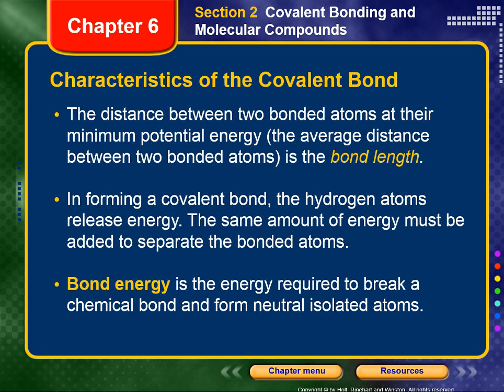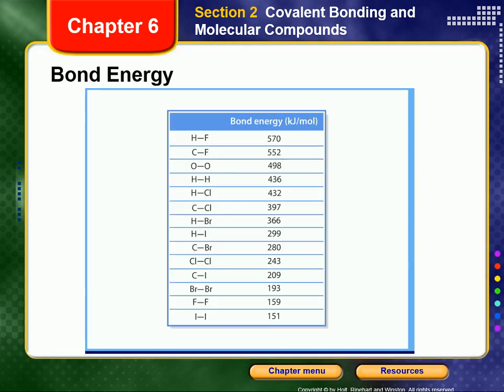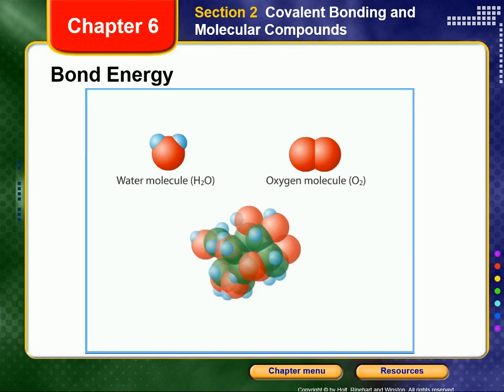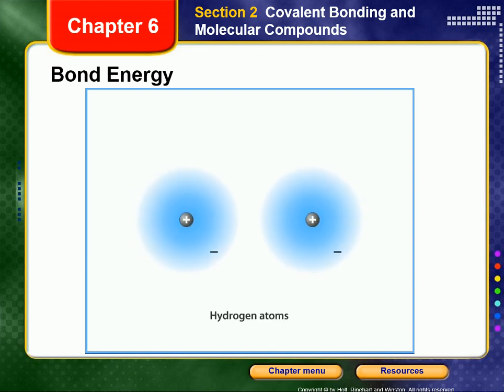For example, 436 kilojoules of energy is needed to break the hydrogen-hydrogen bonds in 1 mole of hydrogen molecules and form 2 moles of separated hydrogen atoms. Chemical bonds form when reacting atoms reach a lower potential energy when bonded than those same atoms would have as independent particles. In forming a covalent bond, electrons are shared and energy is released.